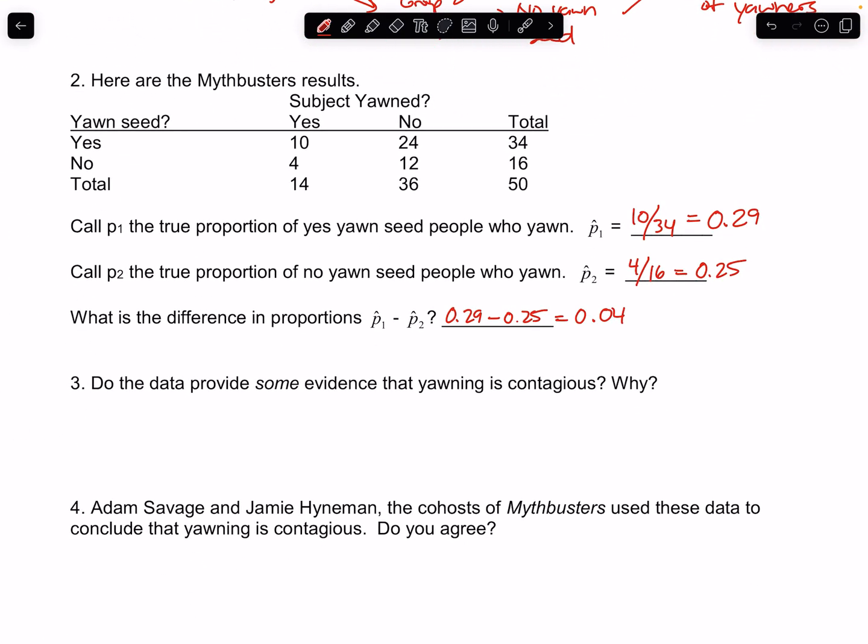So question 3, do the data provide some evidence, not necessarily convincing, but some evidence that yawning is contagious, and why? And at this point, we can say yes.